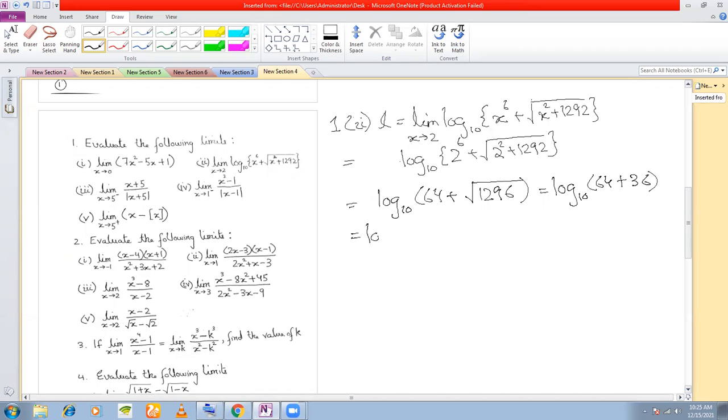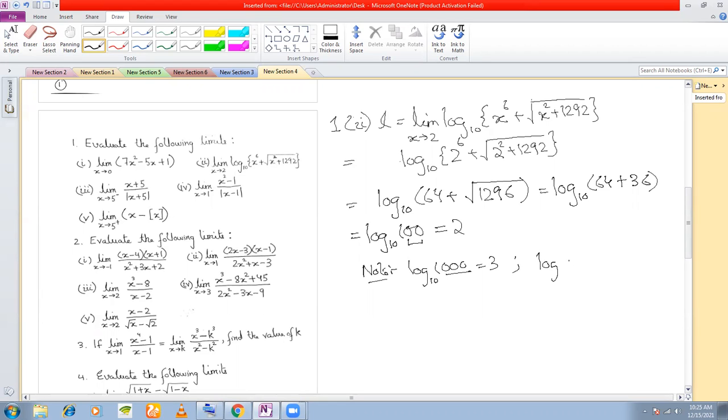So you're getting log 100 to the base 10. And what is the value of log 100 to the base 10? It is 2, equal to the number of zeros, right? Remember from your class 9 log, what is the value of log 1000 to the base 10? Just take the number of zeros, 3 zeros, so the value is 3.